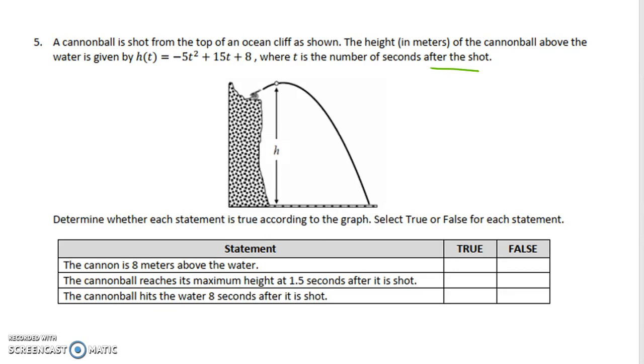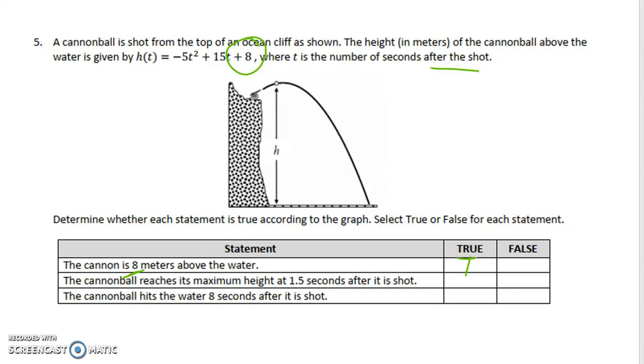The cannon is 8 meters above the water. That is true, because our initial value is 8. The cannonball reaches a maximum height at 1.5 seconds after it's shot.